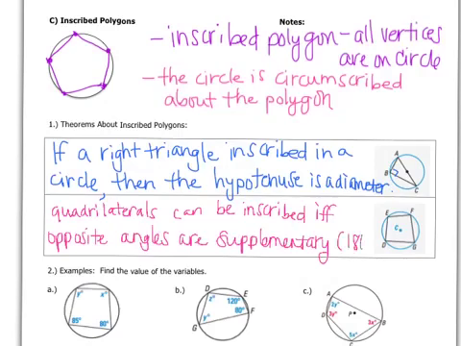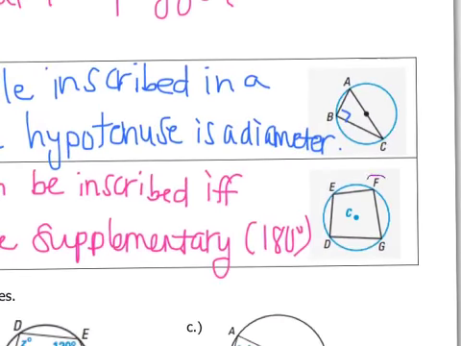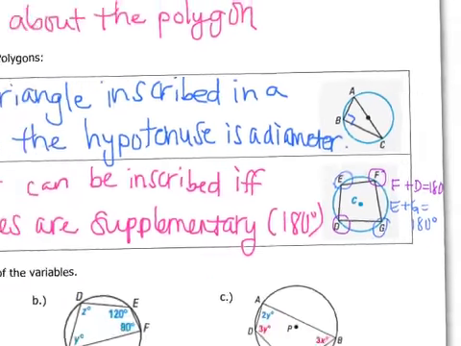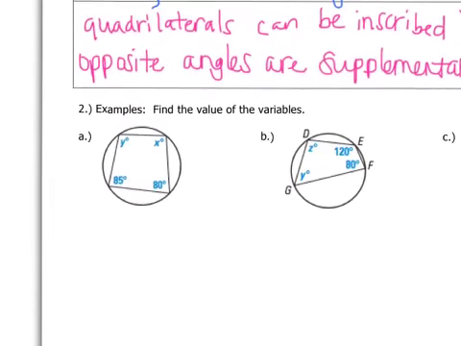Remember, that means they add up to 180 degrees. So in your picture, this would mean that the measure of F plus D equals 180, and that would mean that the measure of E plus G also equals 180. Opposite angles are supplementary. If we use that last one, really is the one we'll use the most to solve some problems.